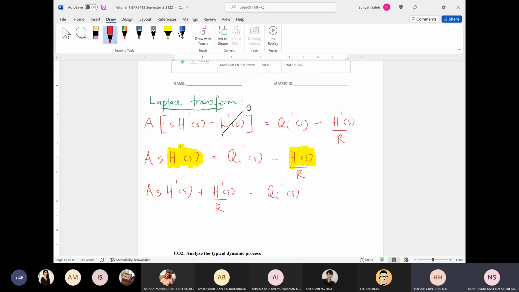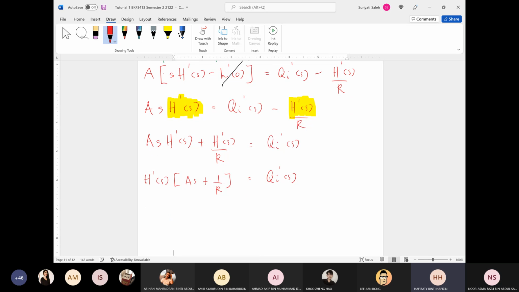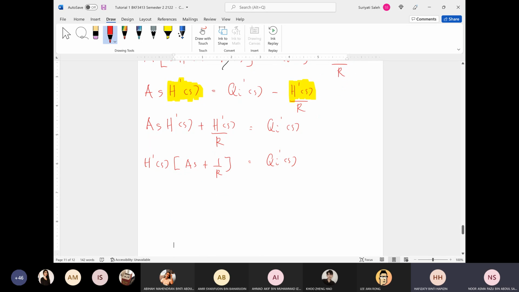So we obtain the following equation. Now we factorize the H prime S: H prime S times (A s plus 1 over R) equal to Qi prime S. So we already factorized it, then the next step is to obtain the transfer function, where the transfer function based on the definition is output over input.